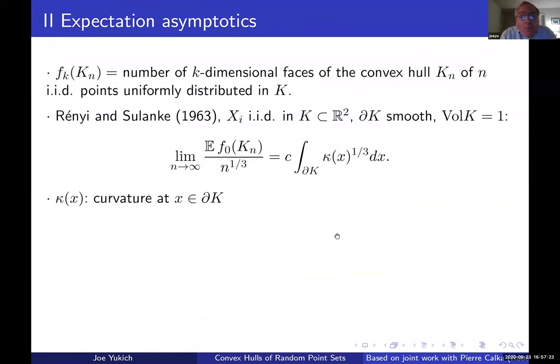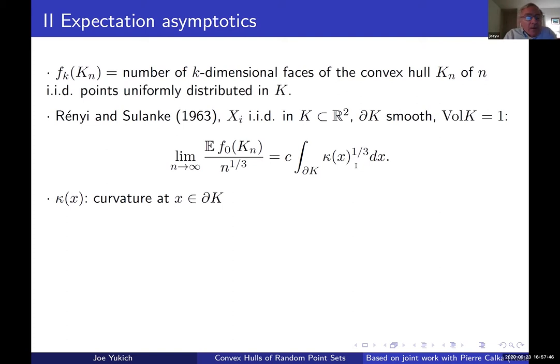Now, for more general planar bodies, K, having a smooth boundary, one still, of course, has cube root asymptotics, but now the limiting constant is the product of one universal constant c and the integral of the curvature to the power 1/3.